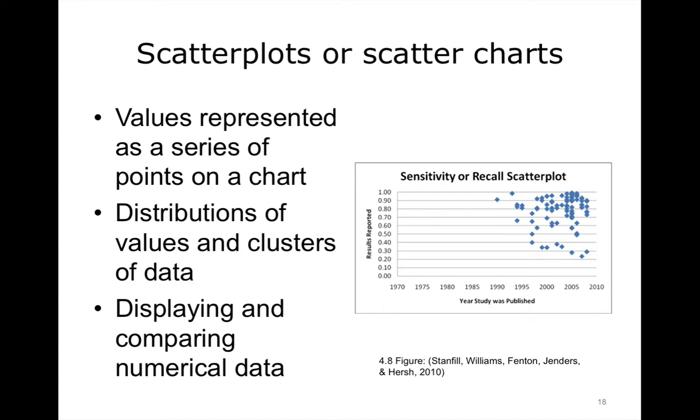You do have it also up here in the higher regions, but not all of the studies reported a very high sensitivity or recall. There was no clear discernible movement in terms of the sensitivity or recall in the data. Scatter plots are really great to see what's going on if you have very large amounts of data.